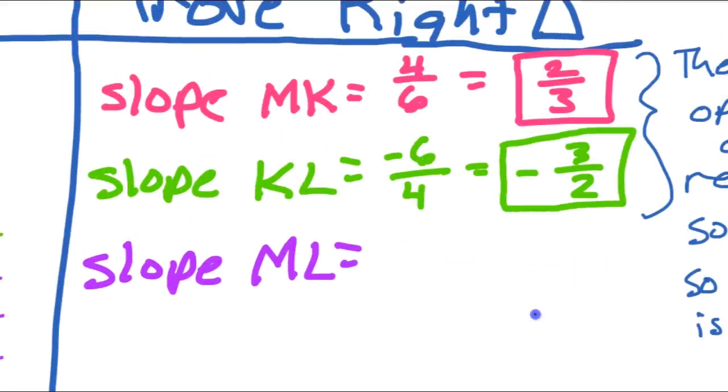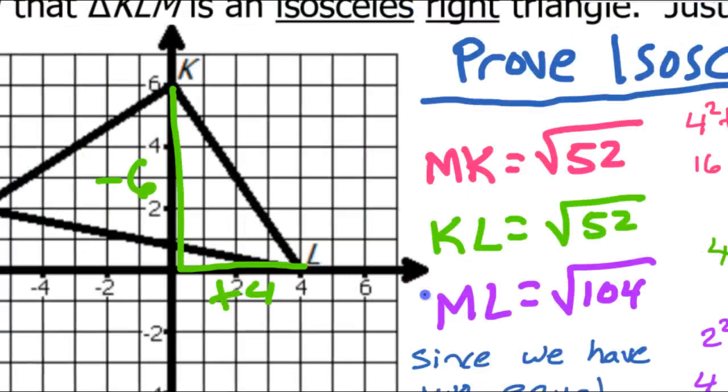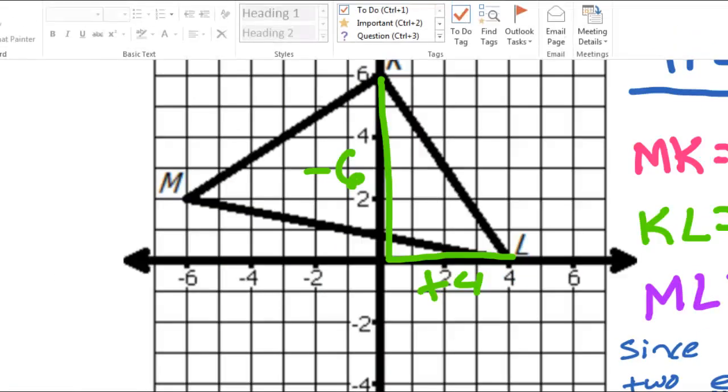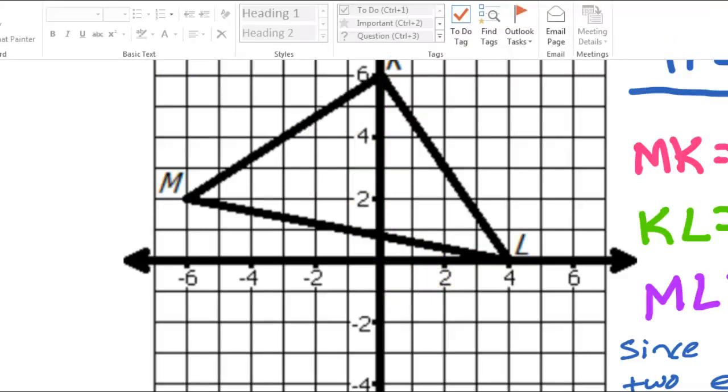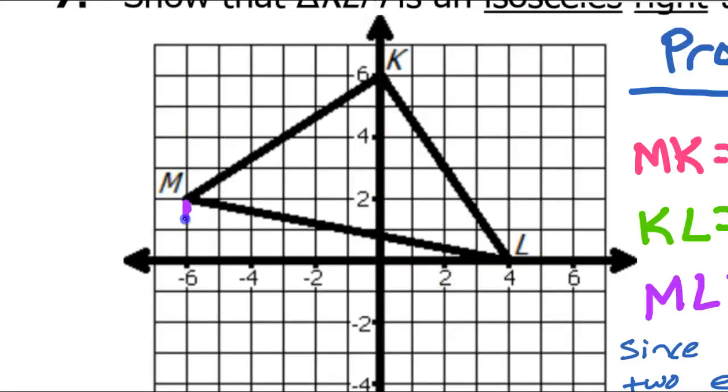Now, just for fun, I'm going to go ahead and find the slope of ML, for the sake of completeness. Here's the rise, and here's the run. That's down 2 and right 10.